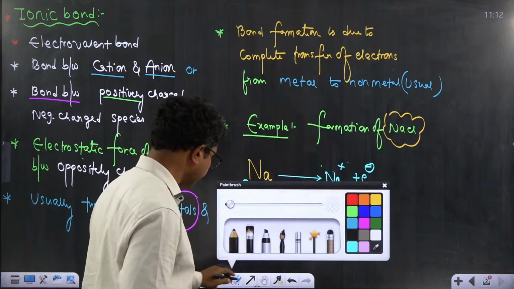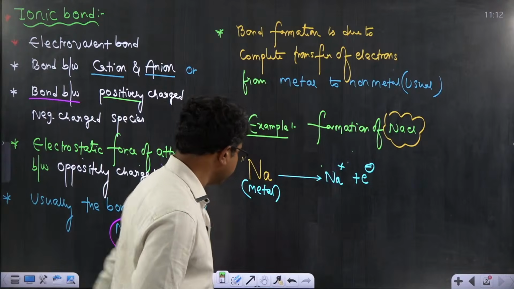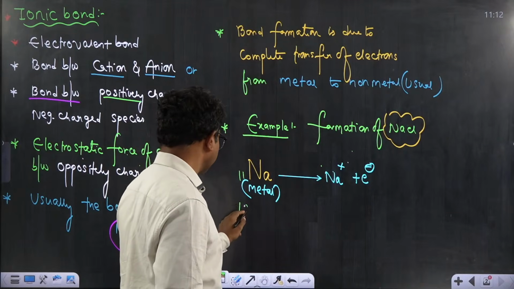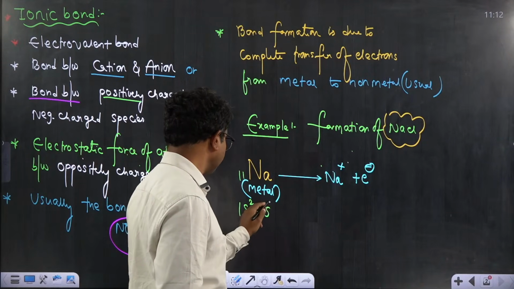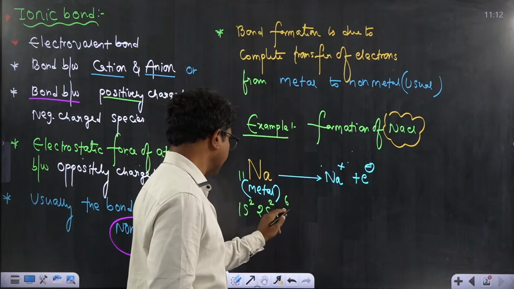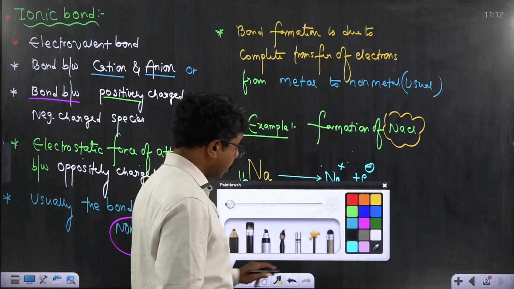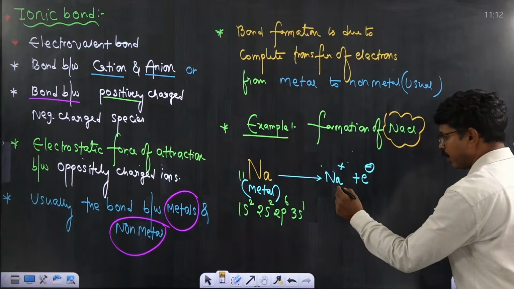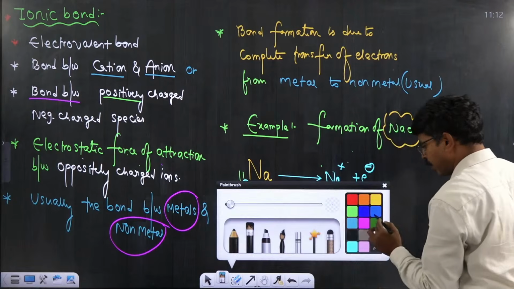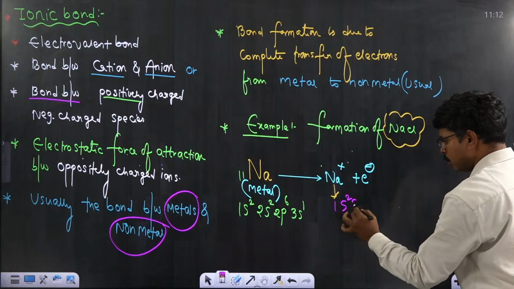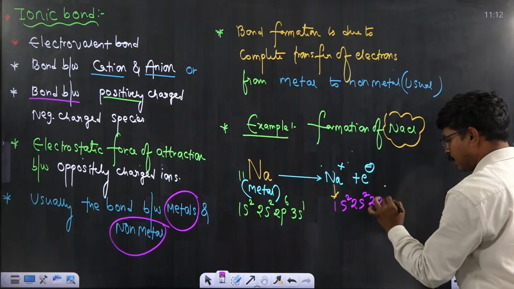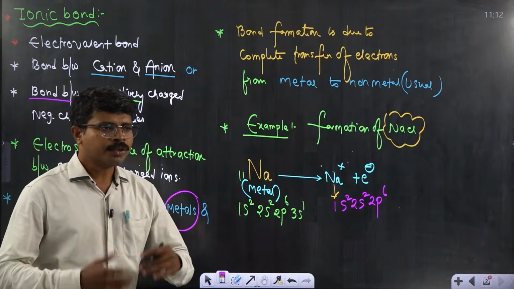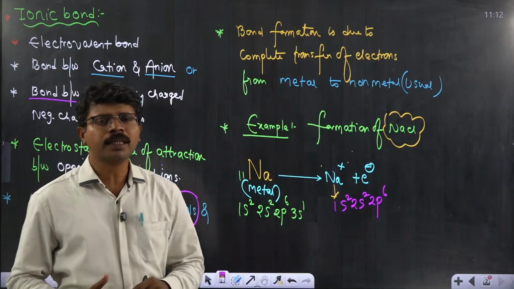Sodium's atomic number is 11 and its electronic configuration is 1s2, 2s2, 2p6, 3s1. After removal of the electron from 3s, the electronic configuration of Na+ is 1s2, 2s2, 2p6. We can connect this process with the octet rule. Why does sodium prefer to lose an electron?